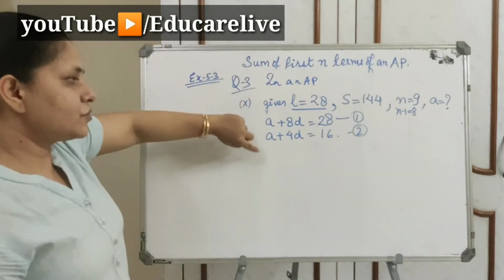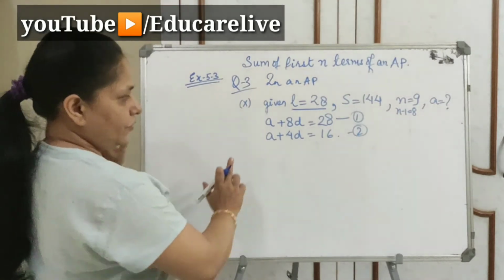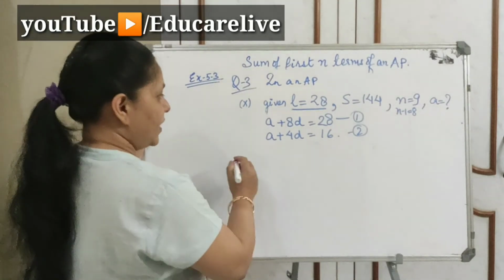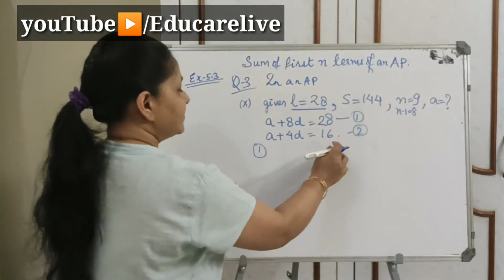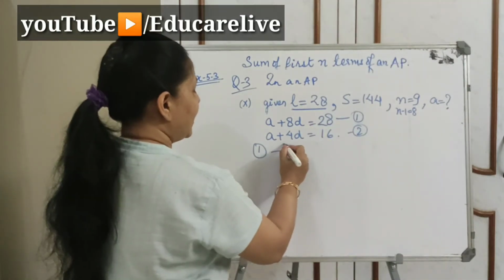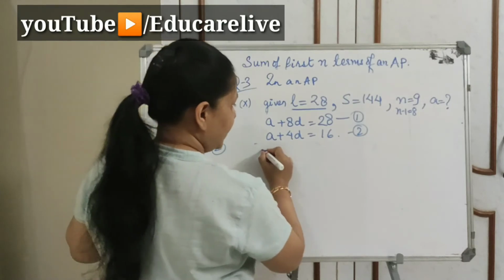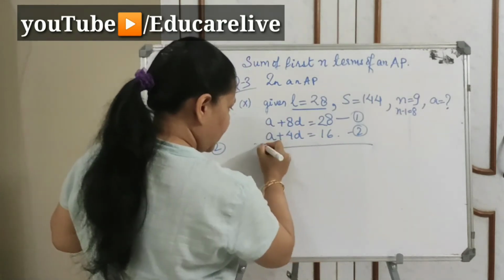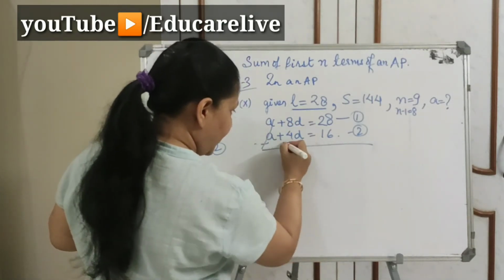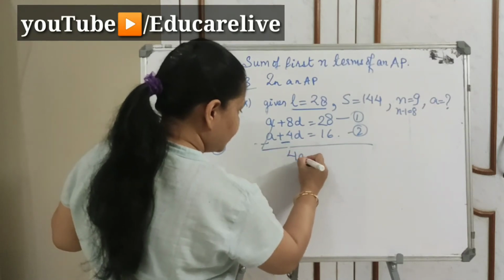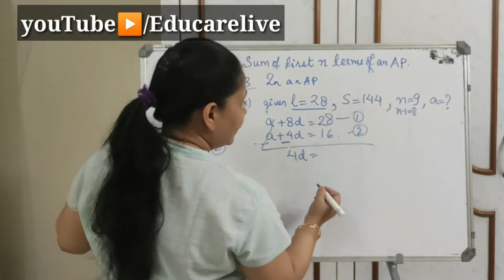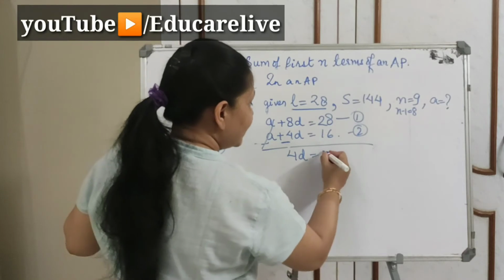Okay, now we have these two equations. Let's eliminate A. So I am subtracting equation 2 from equation 1. A minus A gets cancelled. 8 minus 4D is 4D. 28 minus 16 gives you 12.